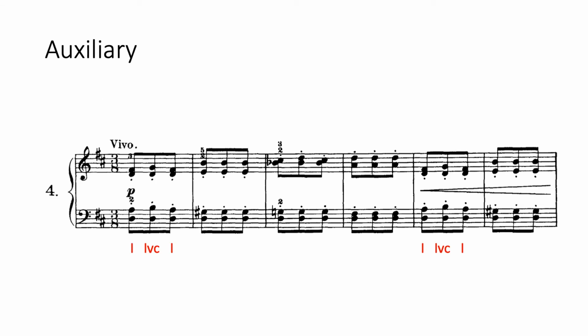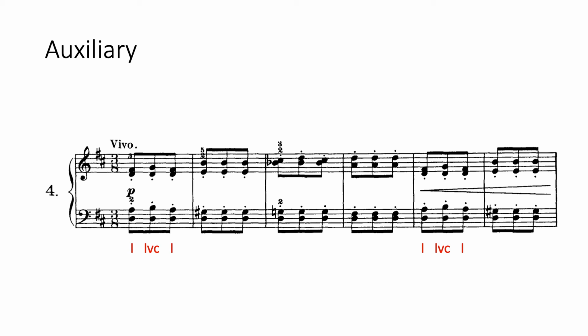And here's an example of an auxiliary second inversion chord. Again, I'll play the entire phrase and then we'll have a brief look at it. Okay, so we've got an auxiliary second inversion chord, and as we can see, we start with chord 1, and then we pop up to chord 4 in second inversion, and then back down to 1.